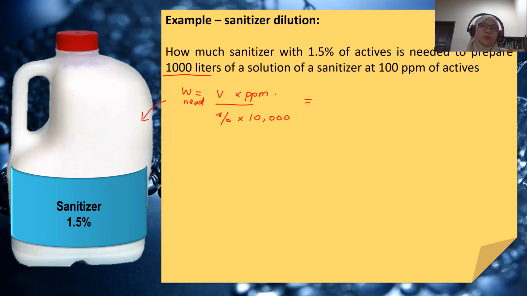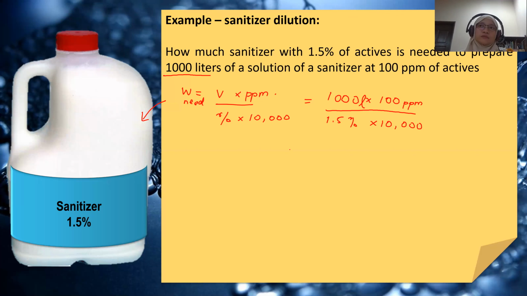So let's substitute the information. We have a volume of 1000 liters, times 100 ppm, and then divided by 1.5% of active times 10,000. The 1.5% represents the percentage of active in the concentrated sanitizer.